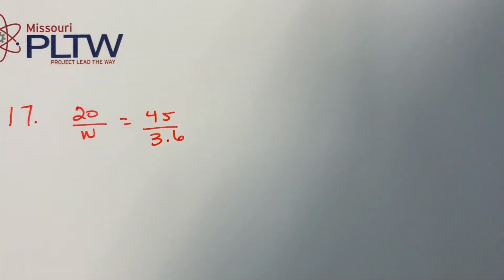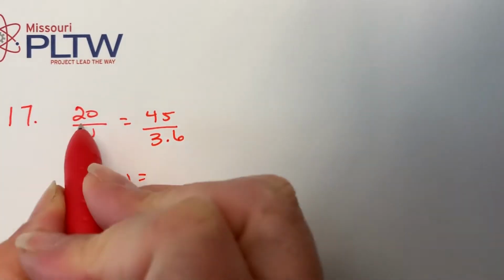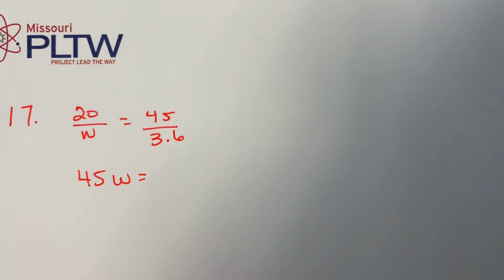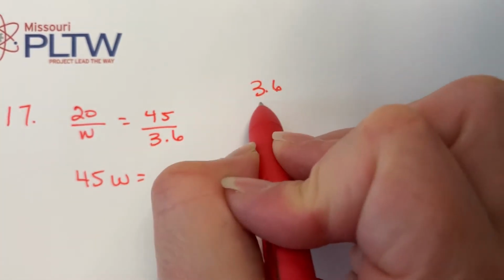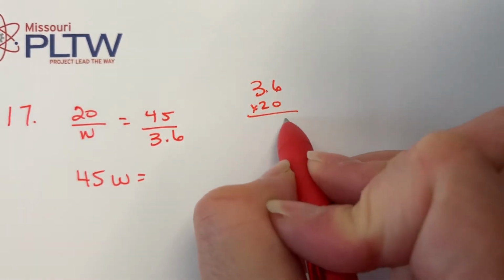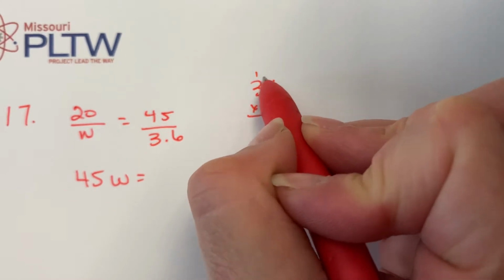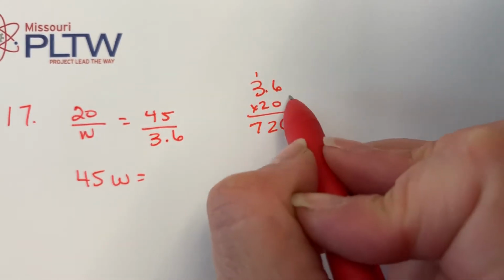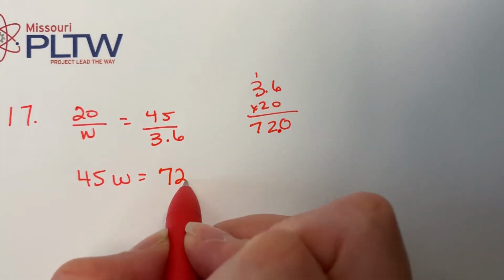We can use cross products for this and get 45W equals 20 times 3.6. 2 times 6 is 12. 2 times 3 is 6, plus 1 is 7. I have one digit to the right of the decimal, so it's 72.